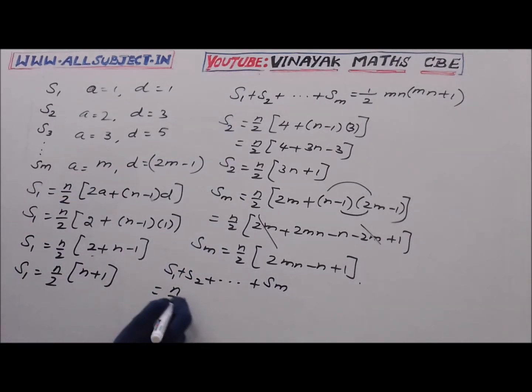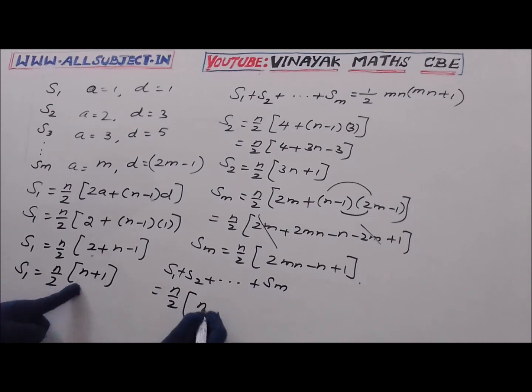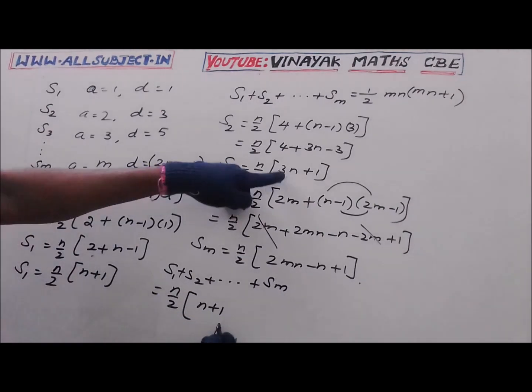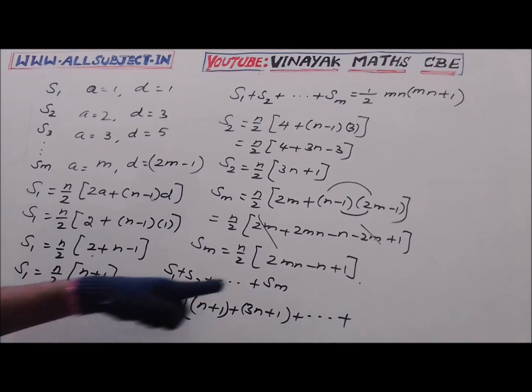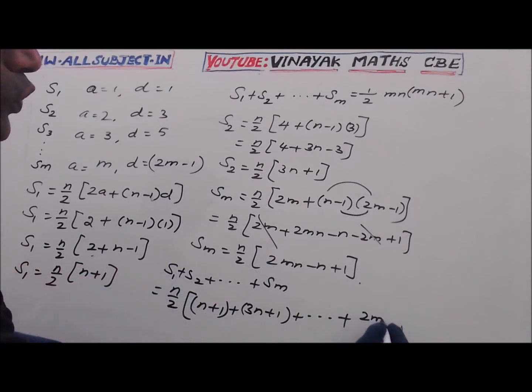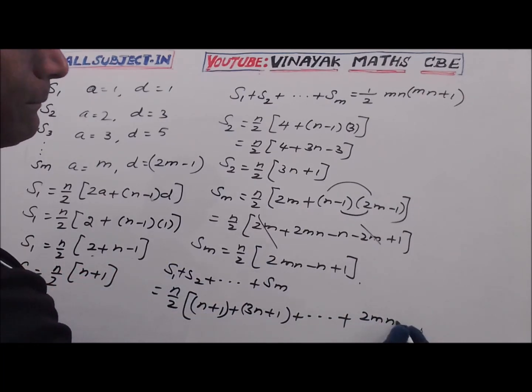Taking out the common n by 2, we have n plus 1, in the second case 3n plus 1, in the third and so on, and in the last 2mn minus n plus 1.